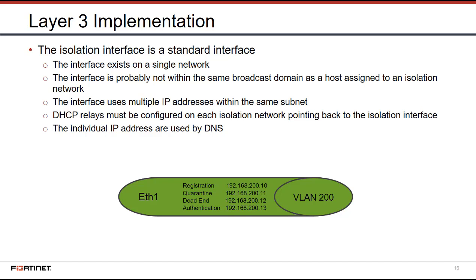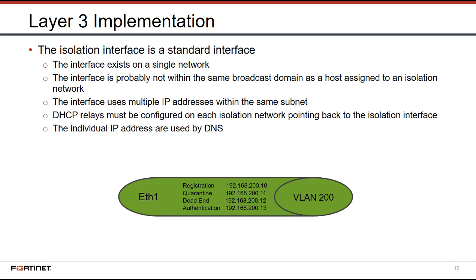ETH1 on the Fortinet is configured with an IP address, all in the same subnet, but it would have multiple IP addresses on Ethernet 1, one IP for each of the different isolation states. So say registration and quarantine, we can see here it's 192.168.210 and 200.11 are two IPs there, and I also have a dead end authentication.